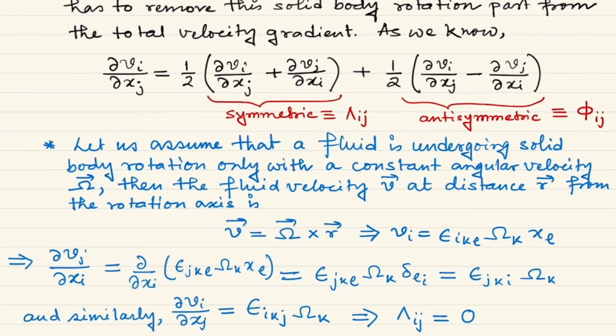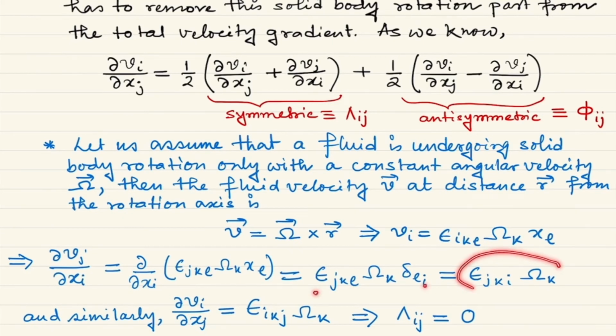So now if you see, this is nothing but equal to epsilon_jkl del x_i omega_k x_l. Now omega_k is constant, so it comes out. So finally you have del x_l del x_i. And what is del x_l del x_i? It is nothing but the Kronecker delta l i. So if l is equal to i, then it is 1, otherwise it is 0. And if we have this type of thing, then this l will be equal to i.